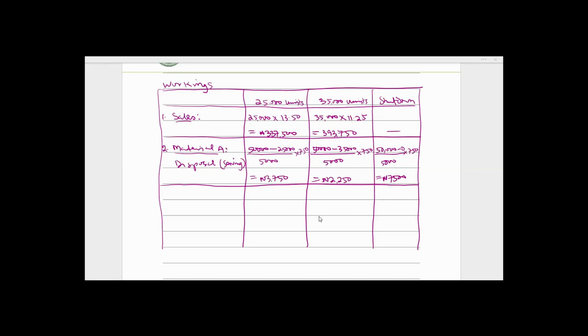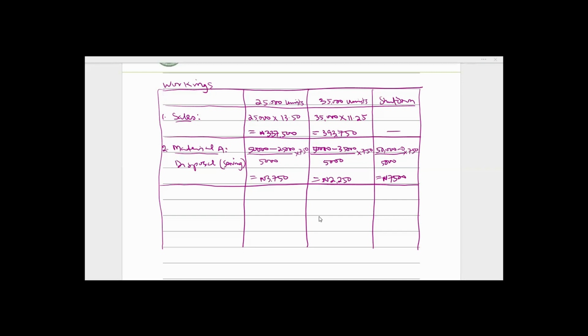Certainly, that 75 kobo is irrelevant. Thirdly, you're given the replacement cost of 2 naira 25 kobo, meaning that when you want to buy material B, you are going to pay the current purchase price of 2 naira 25 kobo. So the one that you don't need, which you want to give to another department, will be at 1 naira 875 kobo.